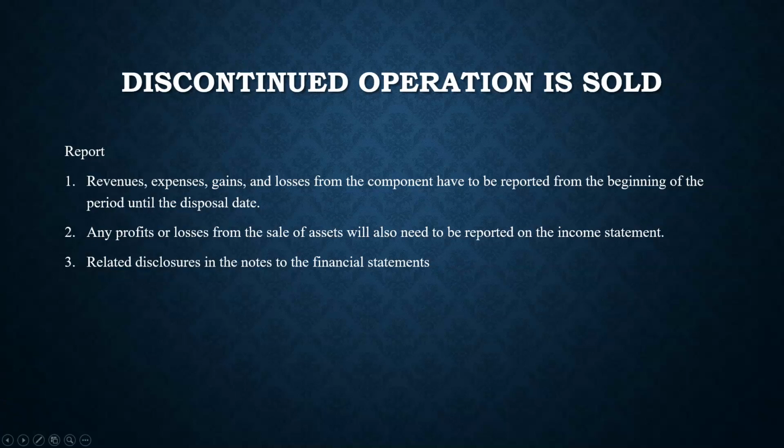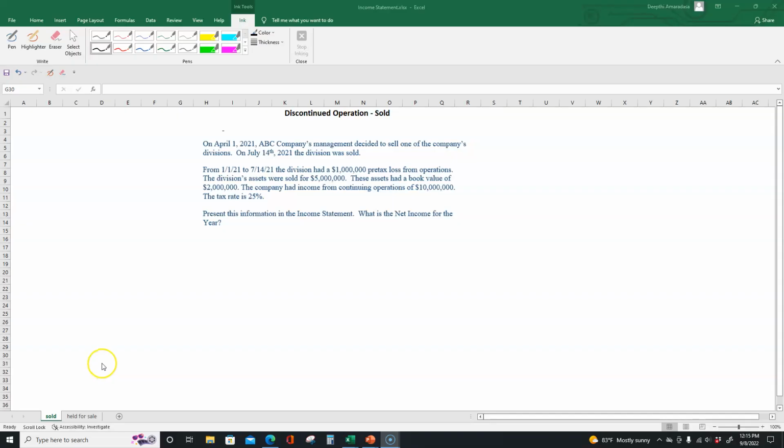Let's take a look at an example. In this example, it says, on April 1, 2021, ABC Company's management decided to sell one of the company's divisions. On July 14, 2021, the division was sold. Then they gave additional information. It says from 1/1/21 to 7/14/21, which is the date of sale, the division had a $1 million pre-tax loss from operations.